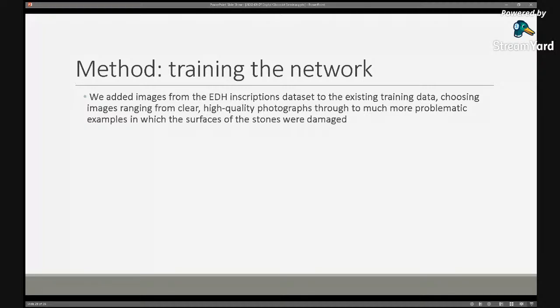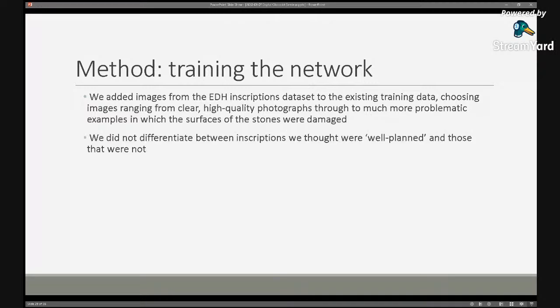We gave it a good range, and then we sat back and waited to see what it would come up with. We made the decision not to decide in advance which inscriptions we thought were planned out. The whole point of this was to try to identify whether we could find patterns in the planning of inscriptions that were perhaps not obvious to us to start with.